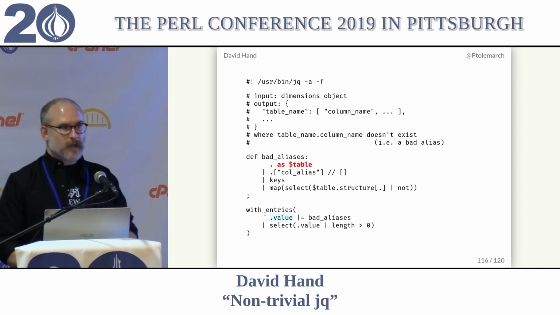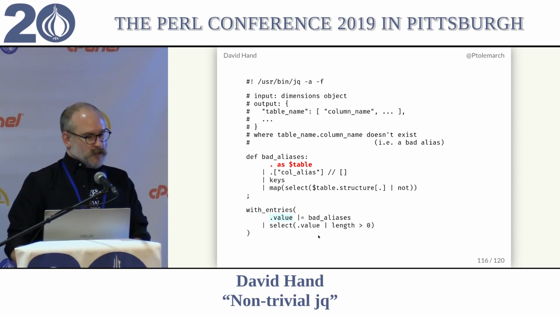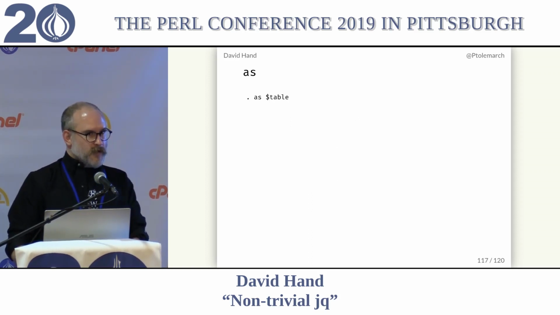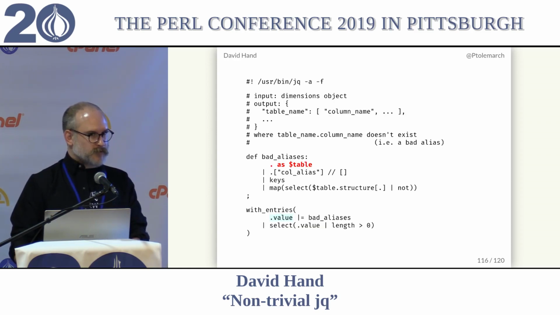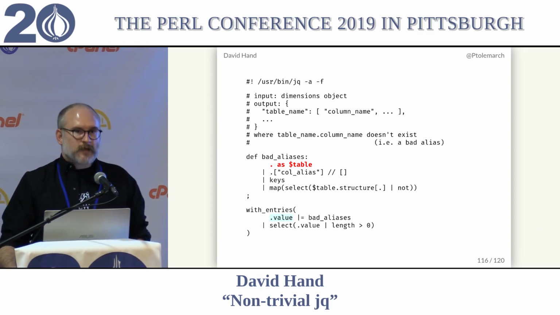So now let's look at dot as variable. That one I am having a really hard time explaining, and I stared at this for a very long time, and I apologize that this is what I have. Remember how I said that you always have to know what dot is? This gives you the opportunity to save dot at a particular stage in your pipeline and refer to it later.